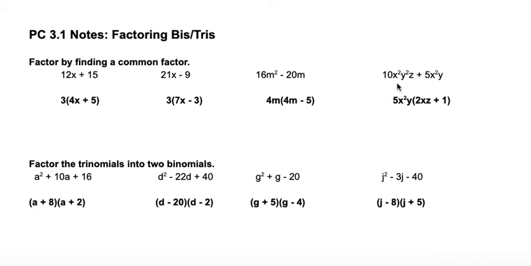Again, 5 will be the number that we can pull out, and then you'll notice we have an x squared in both of them. We have a y in both of them, so that will be our common factor that we will pull out, our 5x squared y. So then we look at it, we say, okay, 10 divided by 5 is 2. I did a typo here.